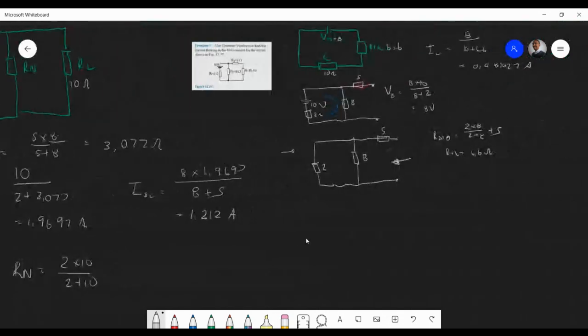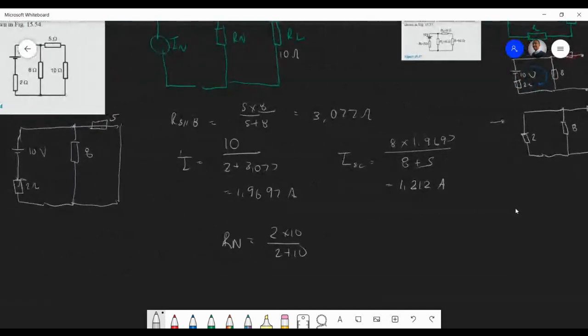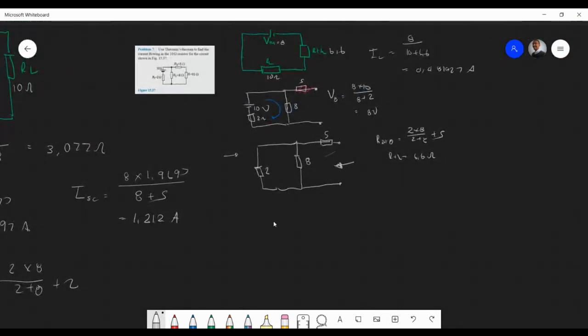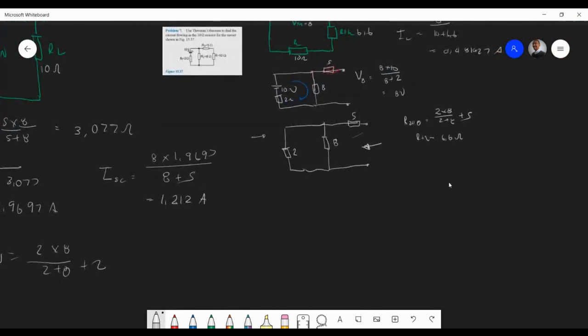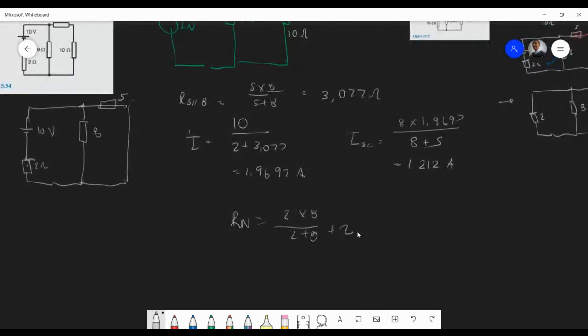Oh, it's the same as this here. 2 times 8 over 2 plus 8, plus 2. Oh, we had plus 5 there. It's plus, not plus 2, it's plus 5, sorry. So it's that 2 and then that one there.